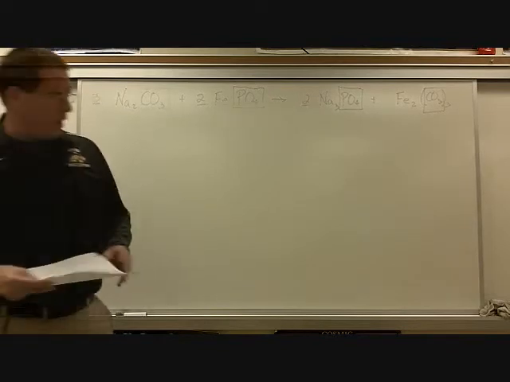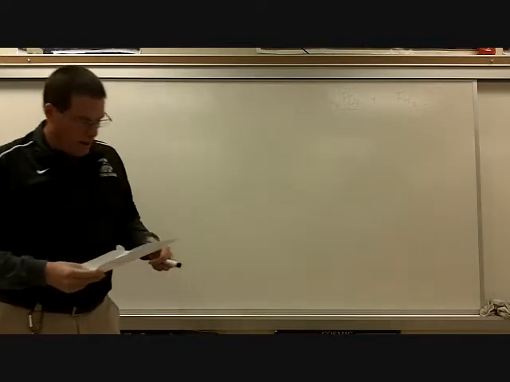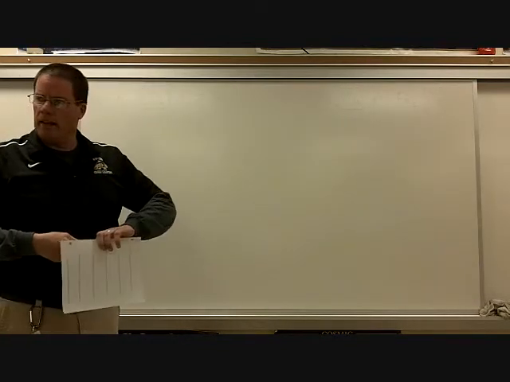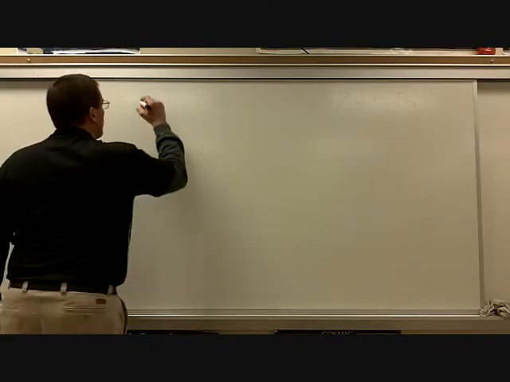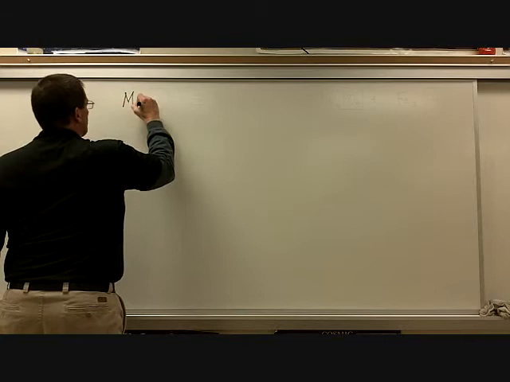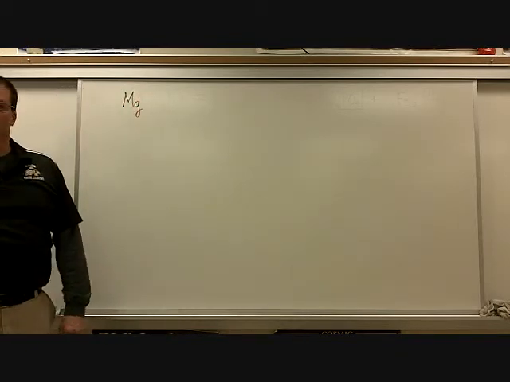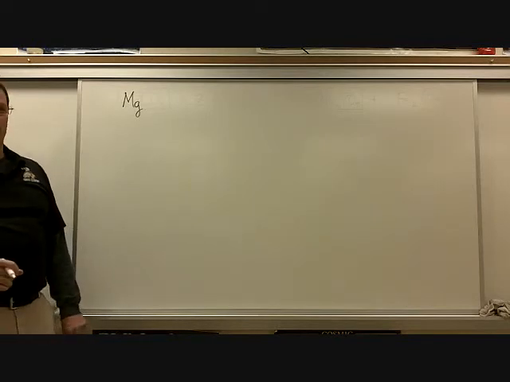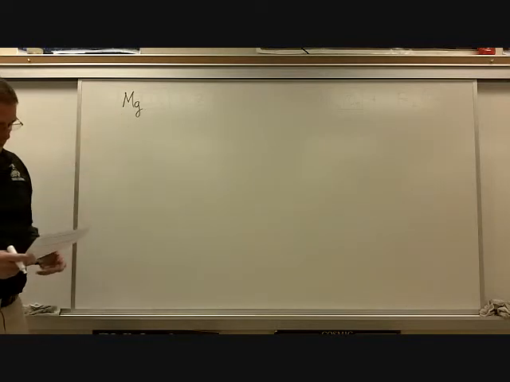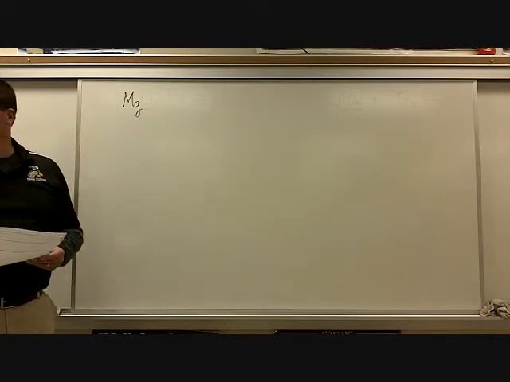So the one example says that we have magnesium metal. How do I write magnesium metal? Mg, yeah. I'd still write it the same way if I called it solid magnesium, or liquid magnesium, or gaseous magnesium. Still Mg, okay? Magnesium is magnesium, period.